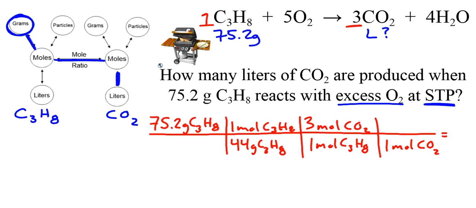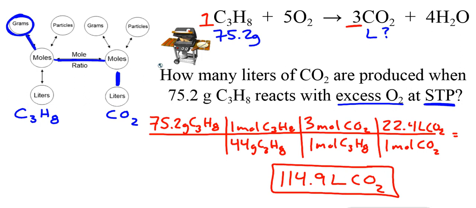If you're solving for mass, you put the molar mass of CO2 on the top. If you're solving for particles, you put 6.022 times 10 to the 23rd. But in this case, I'm solving for liters. It is a gas, and that's what it's asking for at STP. I'm solving with 22.4 liters. You calculate it all out, and you get 114.9 liters. If you want 3 sig figs, it'd be 115 liters. And that is a stoichiometry problem when at STP.